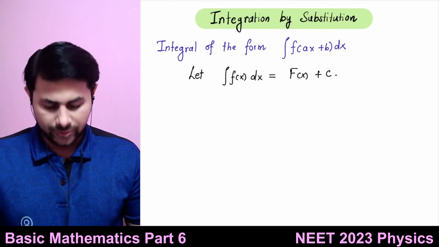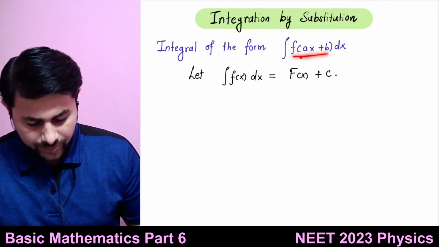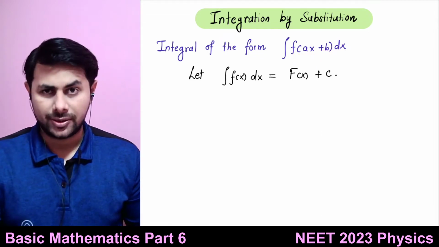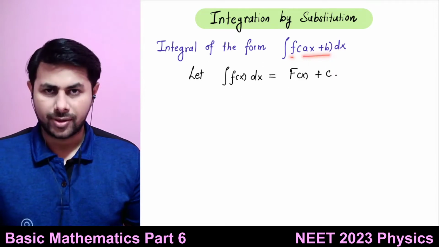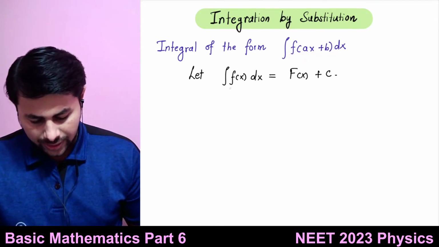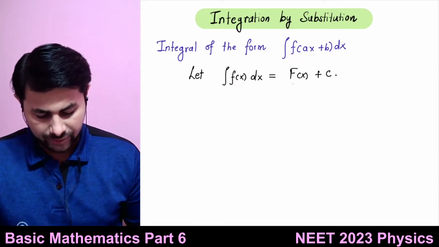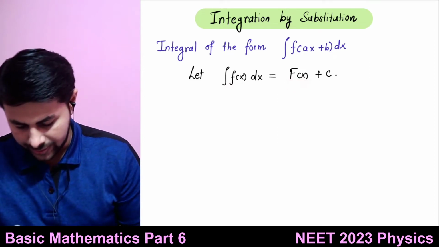This would be the derivative of some other function, so this is f of ax plus b. Let's suppose the small f of x is the derivative of capital F of x.